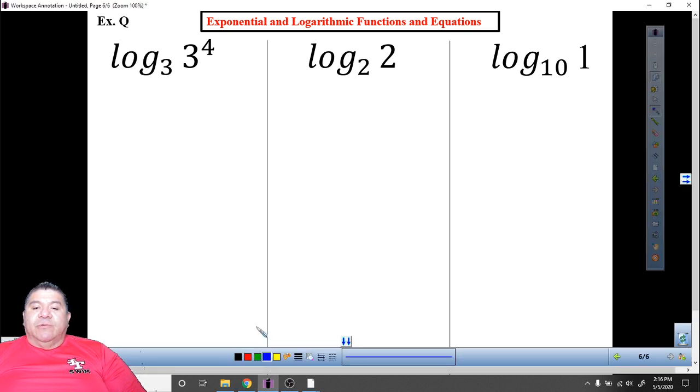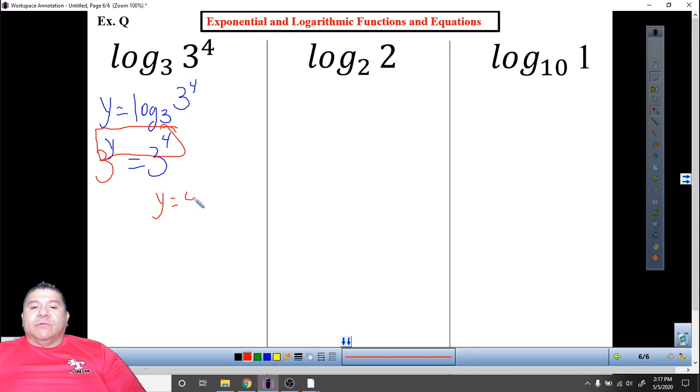So what do we do? We rewrite this. Y equals log 3, given number 3 to the 4th. So what's our base here? 3. Y equals 3 to the 4th. And what do we find out? That y equals 4.